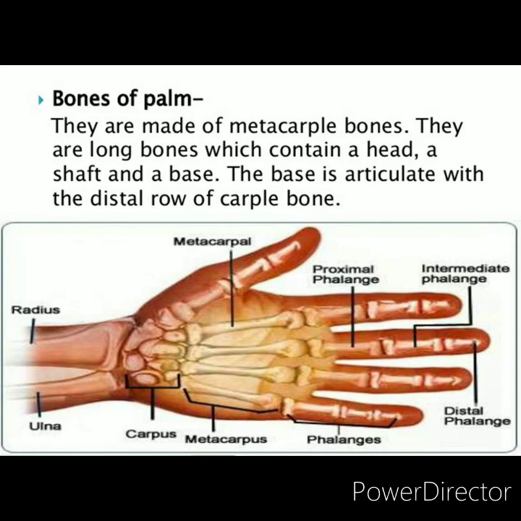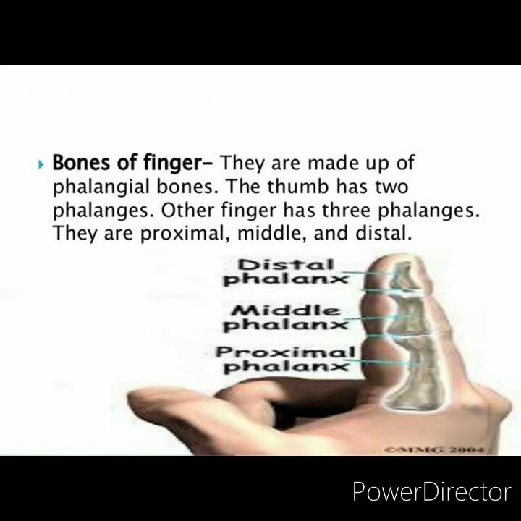That's it. This is the bones of the finger, as I have mentioned in the previous slide. The bones of the finger are made of phalangeal bones. The thumb has 2 phalanges, other fingers have 3 phalanges. They are proximal, middle and distal. Proximal means the upper part, then the middle phalanges, and distal means near to the nails.